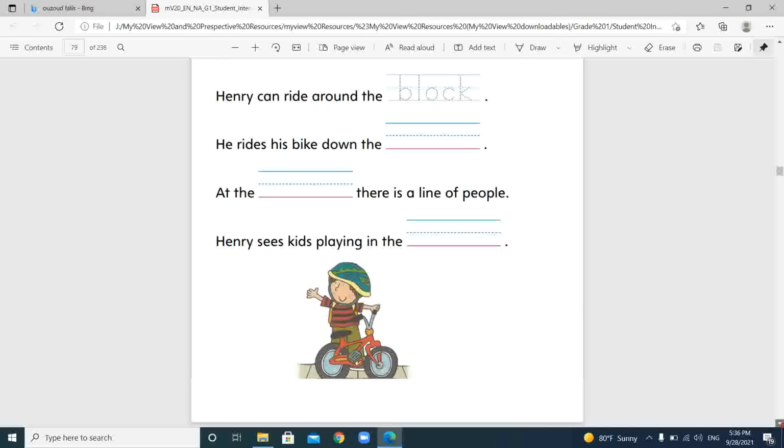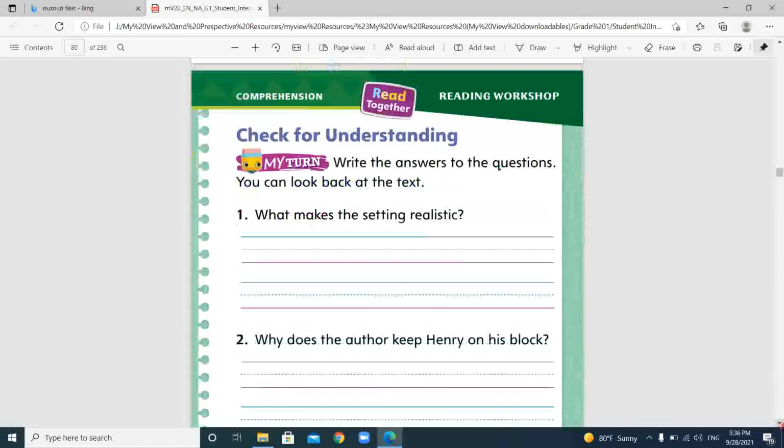Here you have this page for homework, and here we said, what makes the setting realistic? The question I was asking is, why is this place realistic? Why is it almost real? If you go back to the story and look at the illustration and read the story, you'll see that his neighborhood is like a real neighborhood that we have on our streets, right?